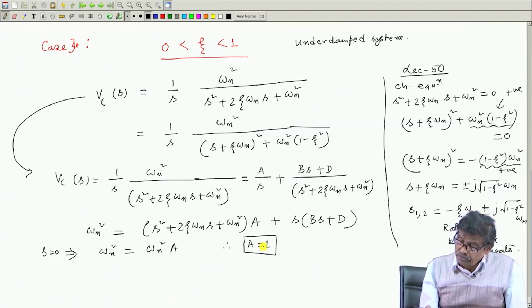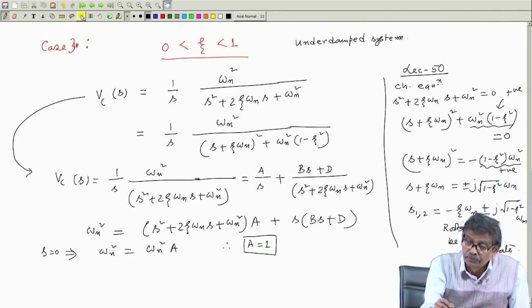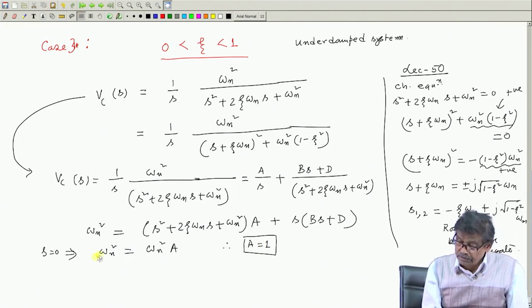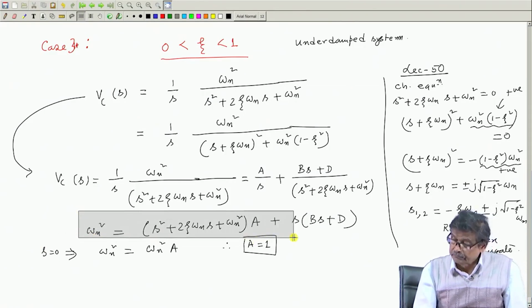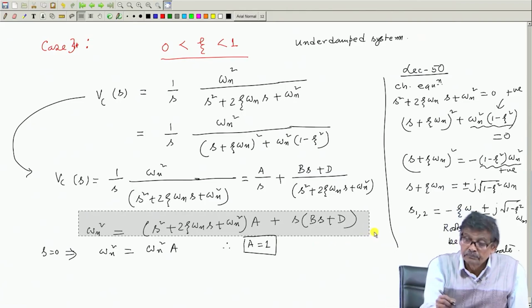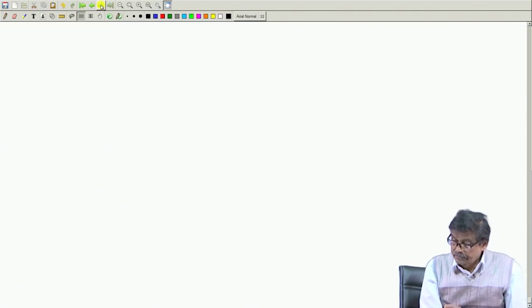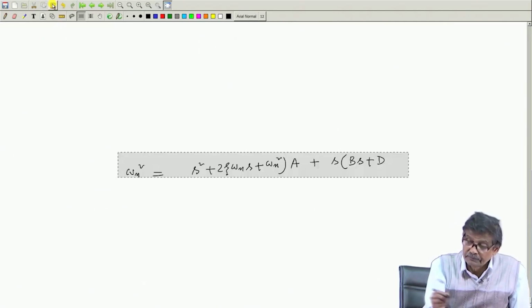So, for the same equation I have to substitute, I will go to the next page, copy it and paste it.